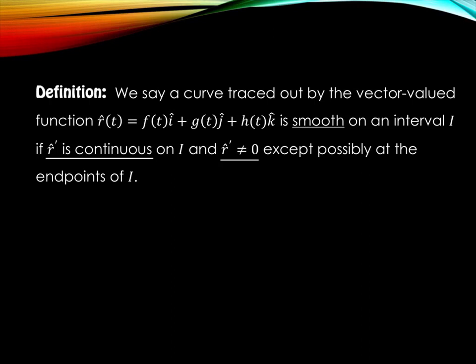If it fails to be continuous, or r prime is equal to 0, then it's not going to be smooth at those locations. So those are our two conditions that we test: we test for continuity, and we test for the derivative being equal to 0 or not.